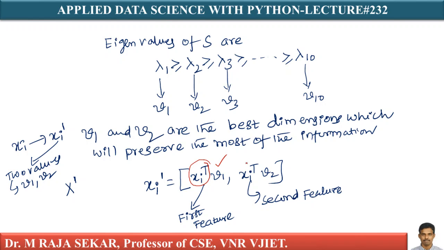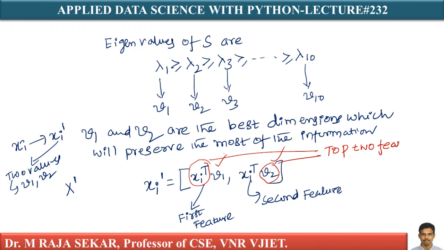V1 is the top eigenvector and V2 is the next top one. I am multiplying these with the original data so as to get my top two features.